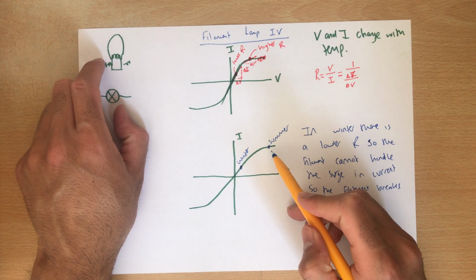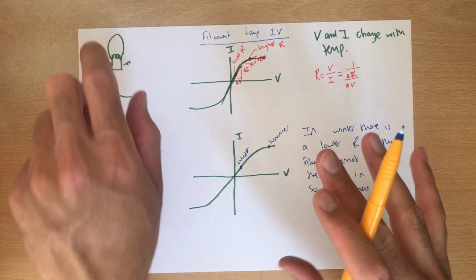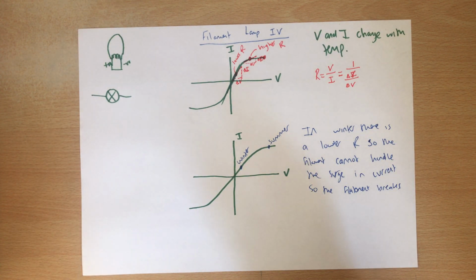In the summer you don't get that, because the resistance is actually different in the summer. So that's why bulbs break in the winter and not in the summer.